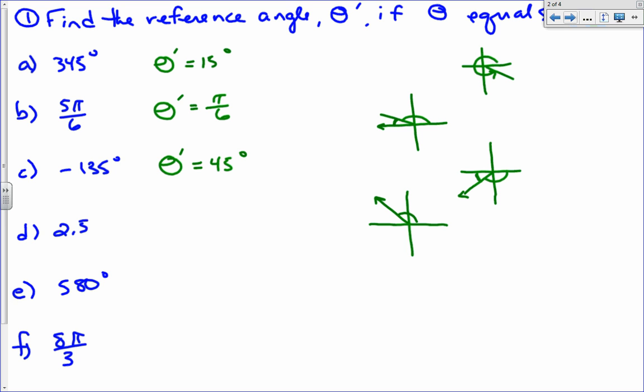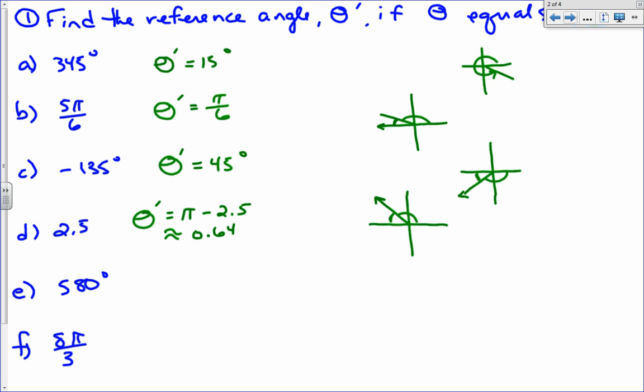Our reference angle will be this difference. So our reference angle will be pi minus 2.5 as an exact reference angle, or we could say it's approximately 0.64 if we take 3.14 and subtract 2.5.